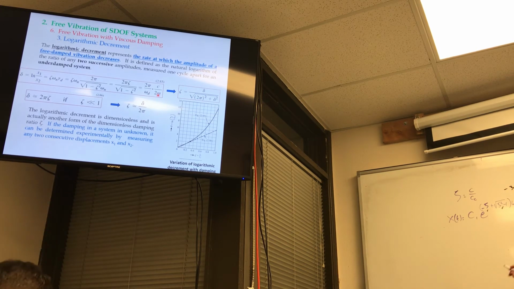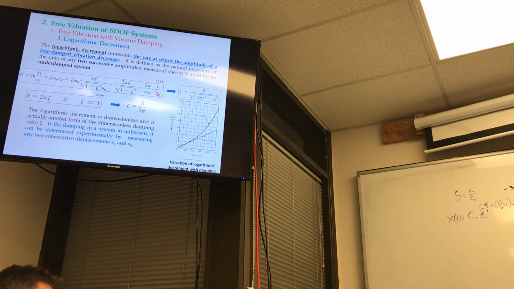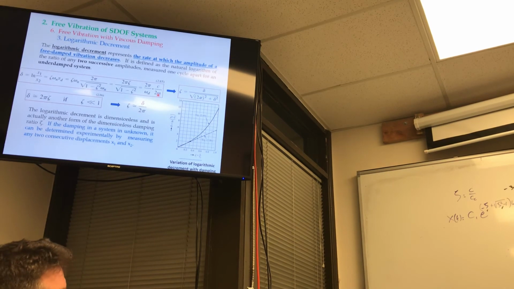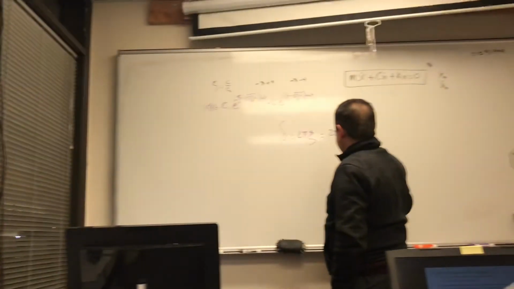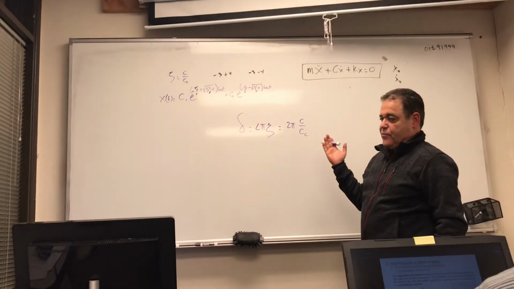The logarithmic decrement: delta is equal to 2 pi zeta, where zeta is c divided by cc. I'm just going to tell you what this is really used for.